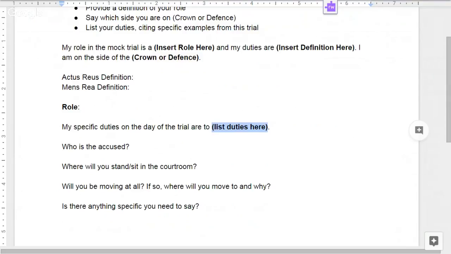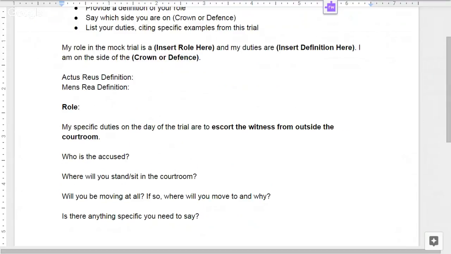If you are a court services officer or a court clerk or something along those lines, you list your specific duties on the day of the trial. So say Michael's the court services officer. What he is going to do is escort witnesses from outside the courtroom. And then Michael, what you would do is list the witnesses and who they are.